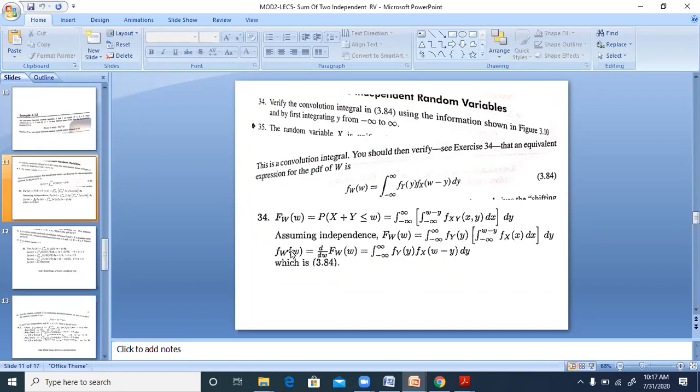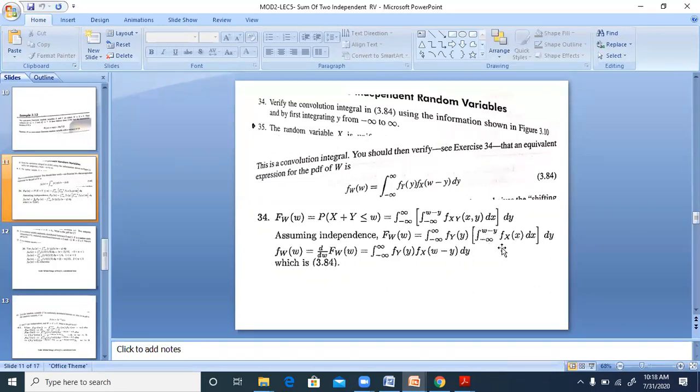And then you can find the PDF, which is the differential of the CDF. Naturally you are differentiating with respect to w. Then that means this integral will go, and we are left with just this quantity, and because it is with respect to w, now this x will be replaced by w minus y over here, this quantity remaining as it is. Now this is the one which is getting differentiated.